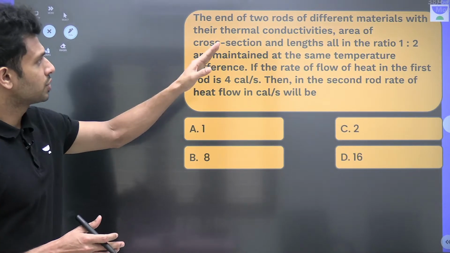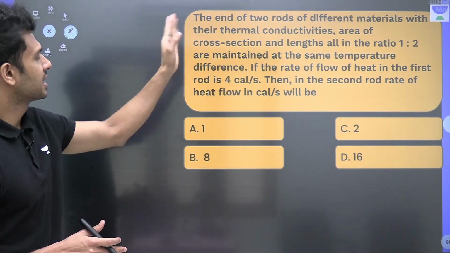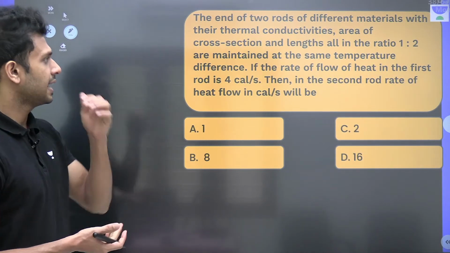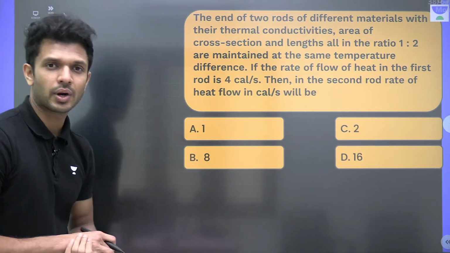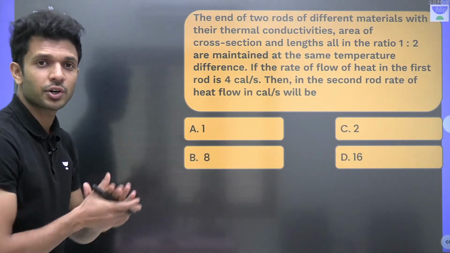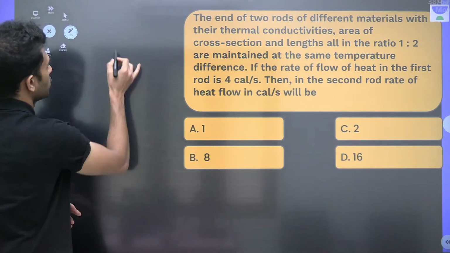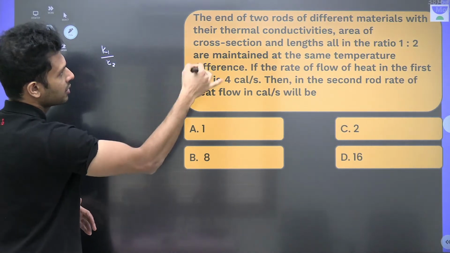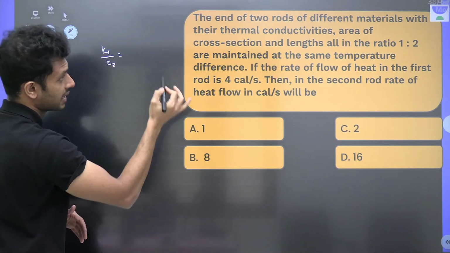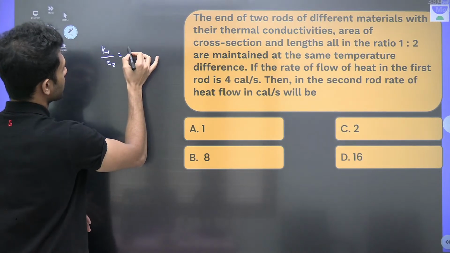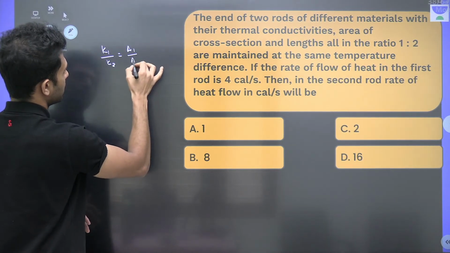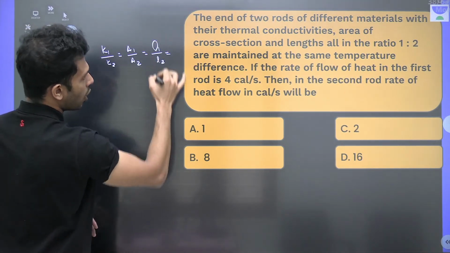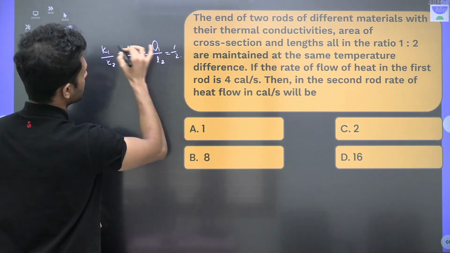The ends of two rods of different materials, with their thermal conductivities, area of cross section and length, are in the ratio of 1:2. So we have two different rods. K1 by K2, the ratio of their thermal conductivities, area of cross section A1 by A2, and length L1 by L2, all have the same ratio of 1:2.